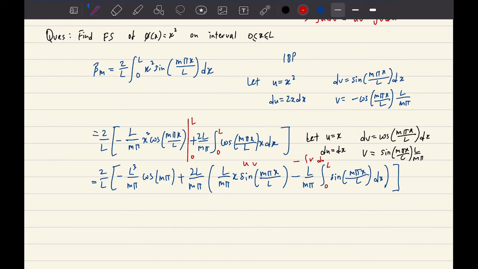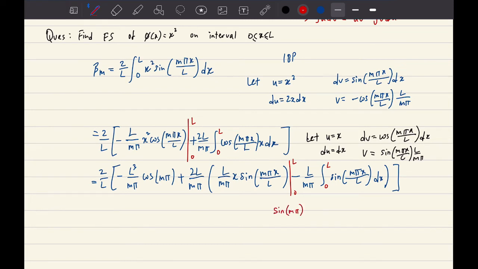One simplification we can do is plug in the limits for this one right over here, and it will become 0. Why? If we substitute 0 for x, the whole thing becomes 0. And if we substitute L, sine becomes sine of m pi.